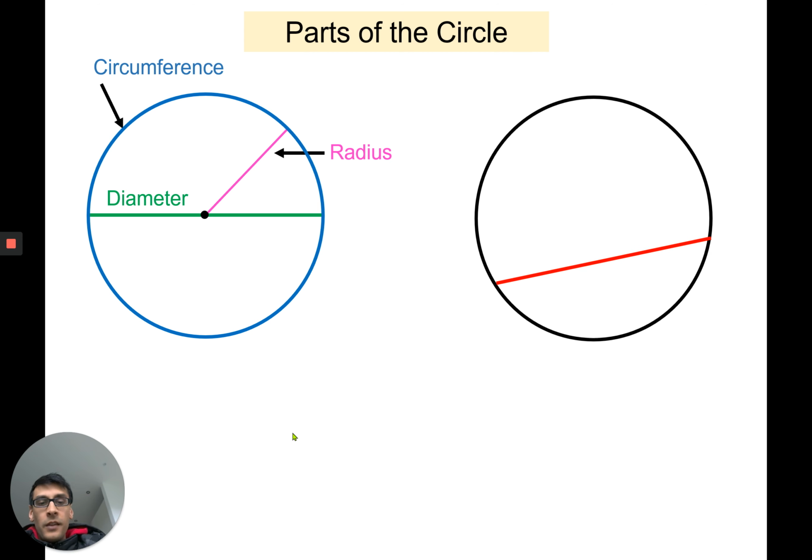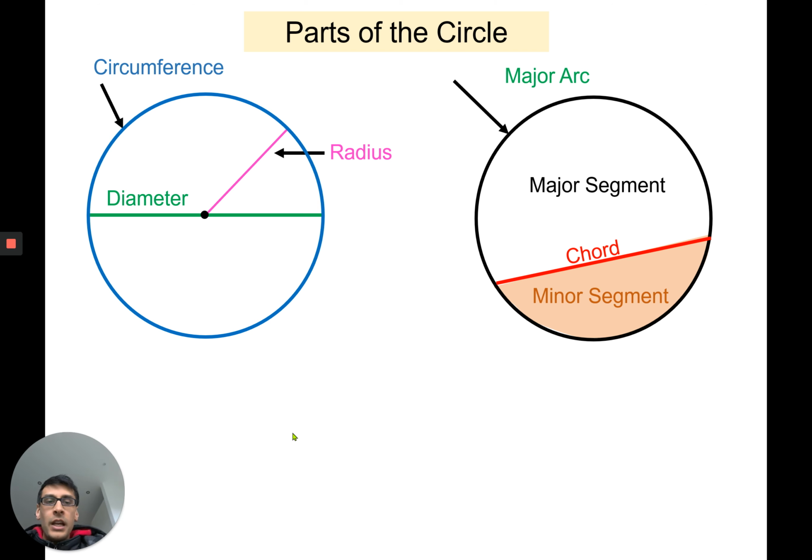And then if you have a line going from one side of the circumference to another point on the circumference, that can be called a chord. And then you have the major segment and the minor segment. You can probably figure out why they're called major and minor. And then you have the major arc, which is the green line here, and the minor arc.